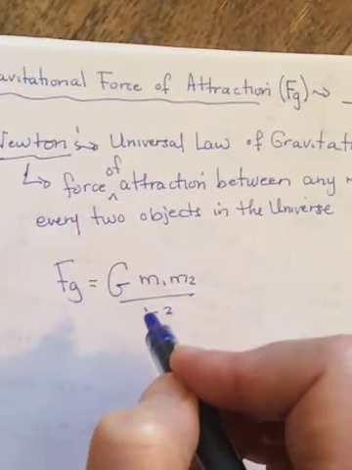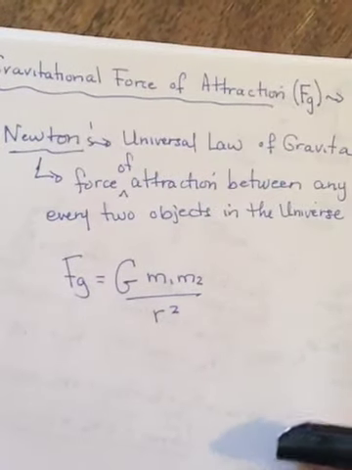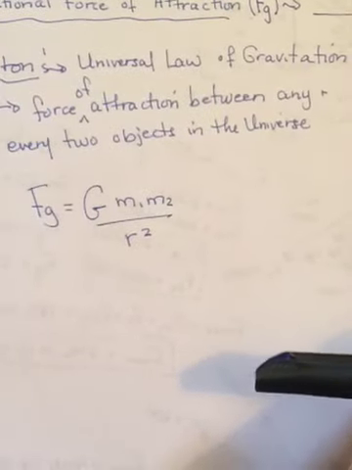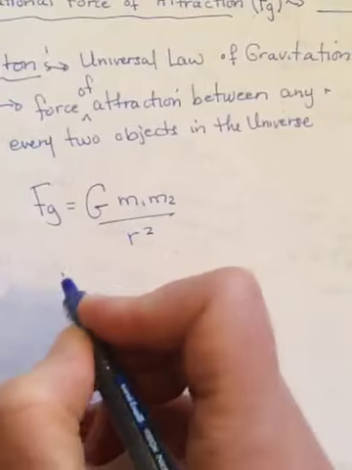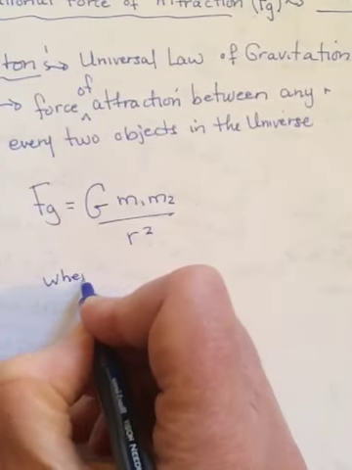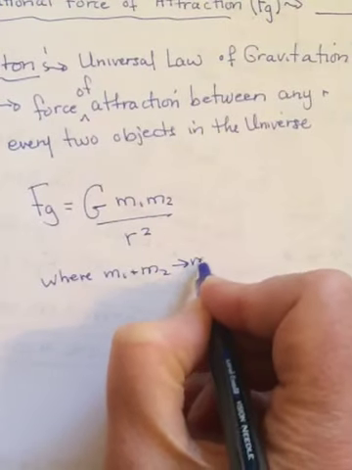Now I'm showing it to you so that you understand our simplified version that we're going to be using all throughout grade 11 and until we get to planets and stuff in grade 12. So this is where M1 and M2 are the masses of the objects.